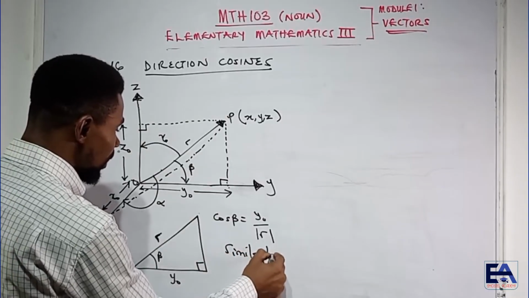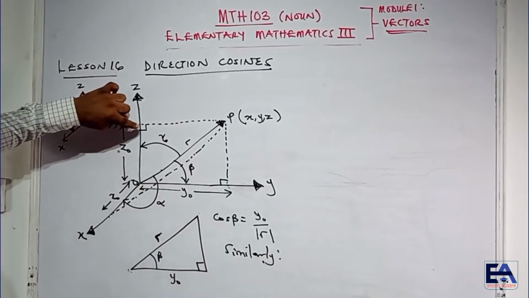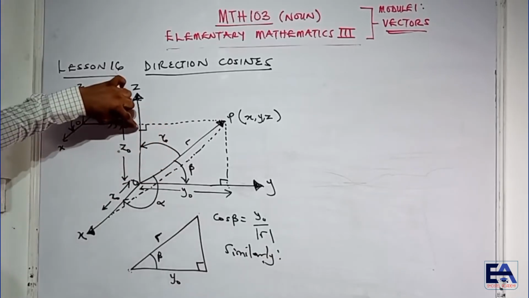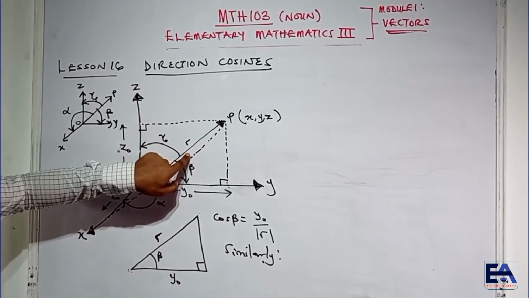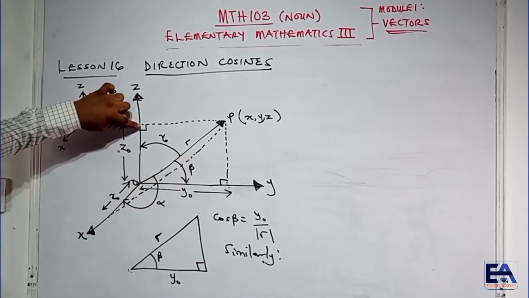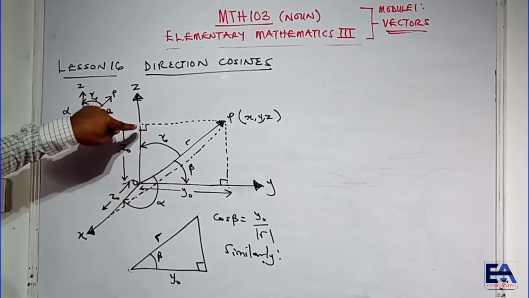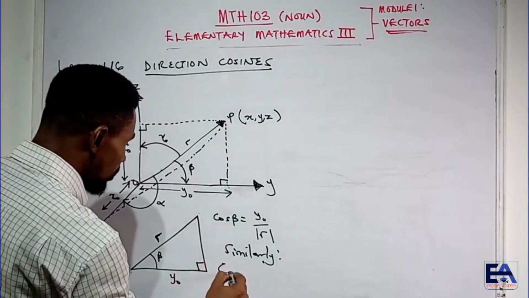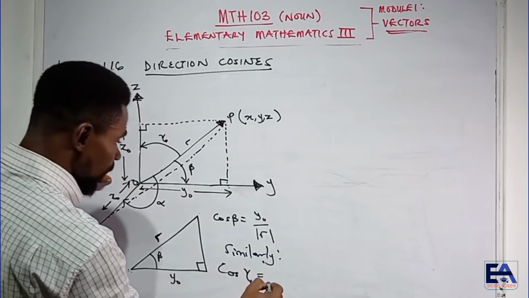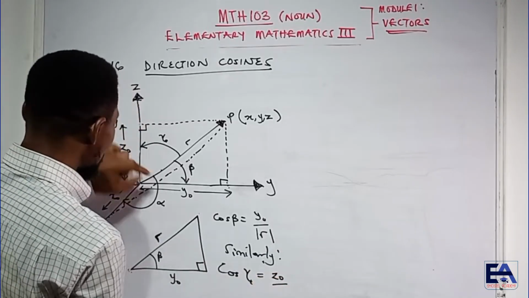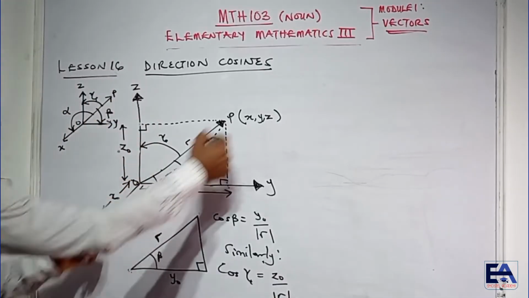In a very similar manner, this is what happened in the other one. If you look at this one, there is an adjacent, this is an angle, and this is the right angle, and r still remains the hypotenuse. The place carrying the two angles is the adjacent, so cos gamma will be equal to the adjacent, which is the distance z covered, z naught, over the hypotenuse, which is still the same r, the magnitude of the vector that is formed.